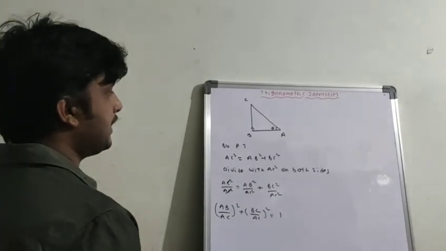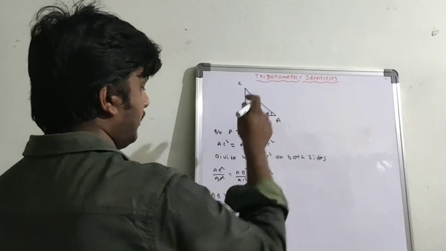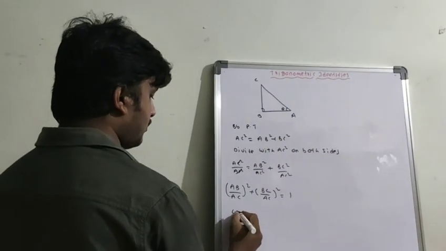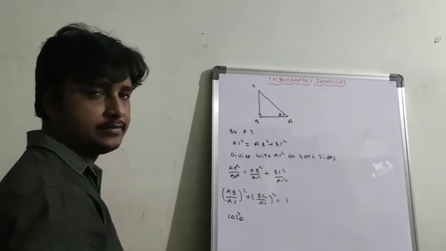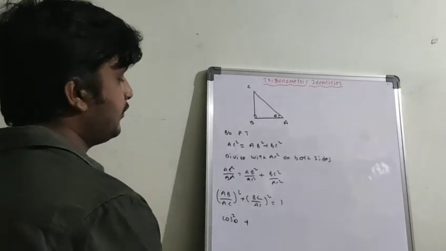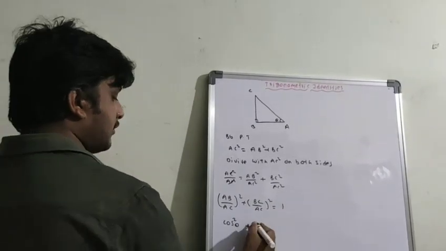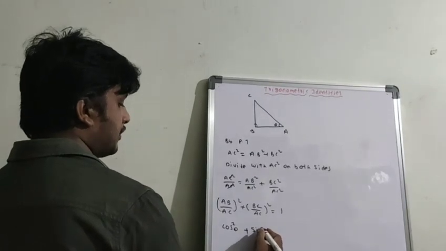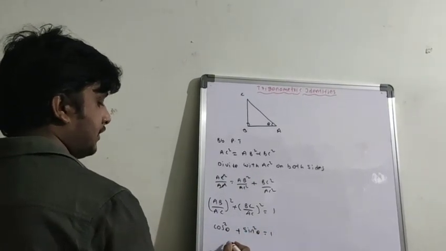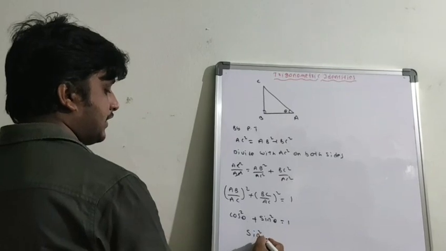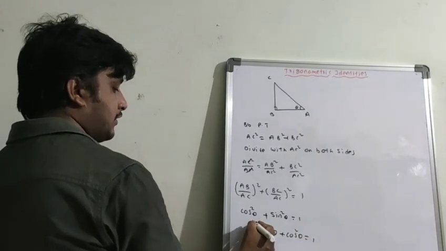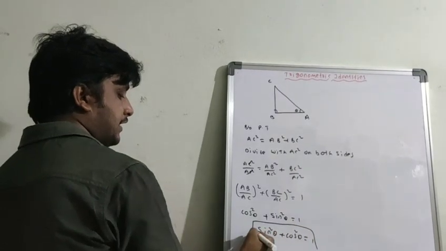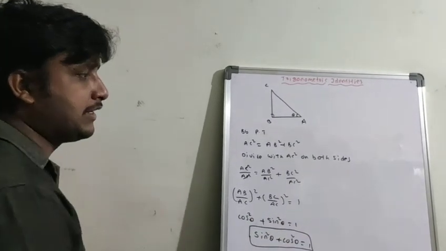So AB by AC in the sense it is nothing but cos theta, plus BC by AC is nothing but sin theta, so whole square. Therefore, sin square theta plus cos square theta equal to 1. So this is the first trigonometric identity.